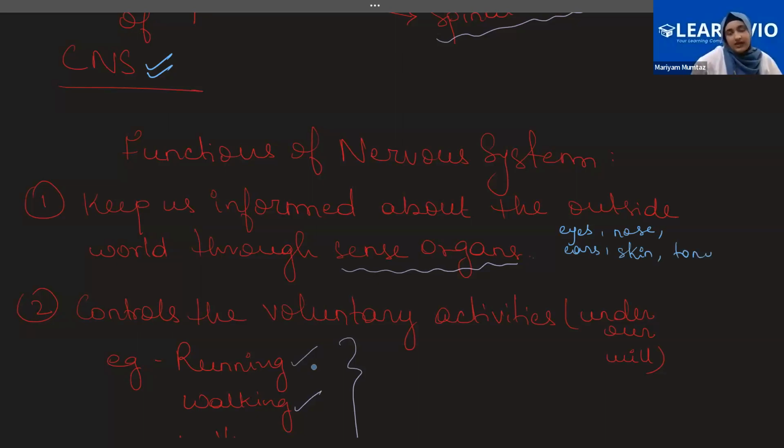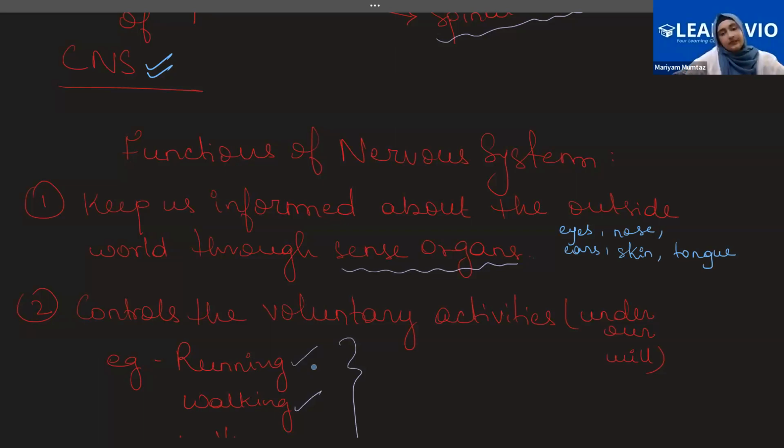We have 5 sense organs, right? Do we have more than this? Anything that is left?